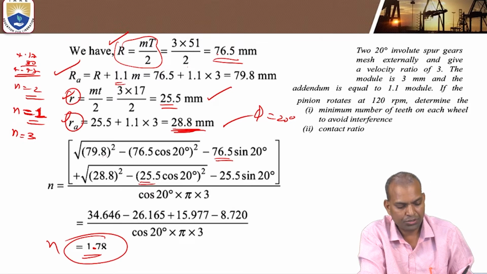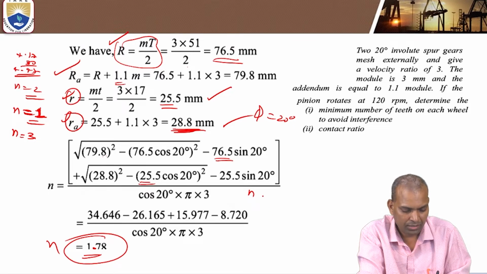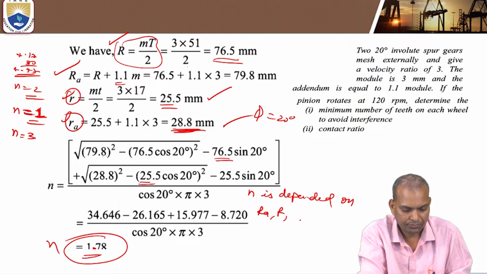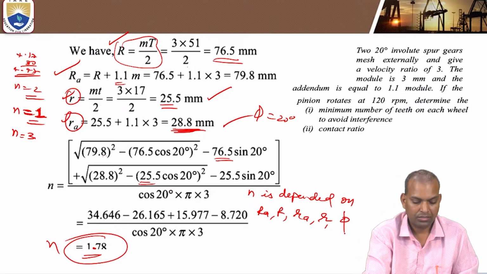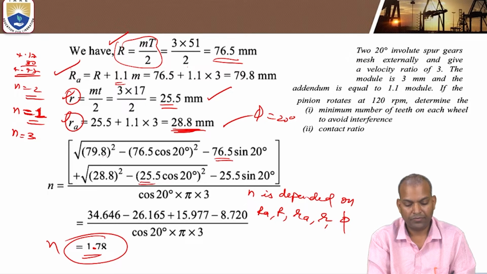So the contact ratio is dependent on RA, R, small a, R, and pressure angle. These are the five parameters this contact ratio is dependent on.